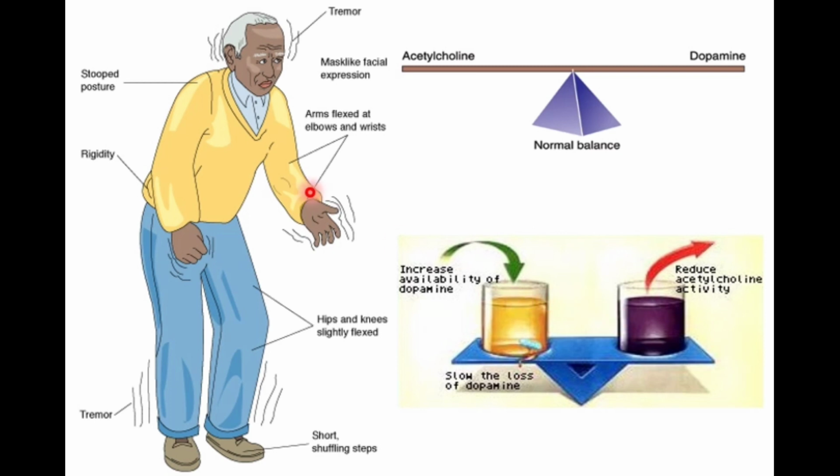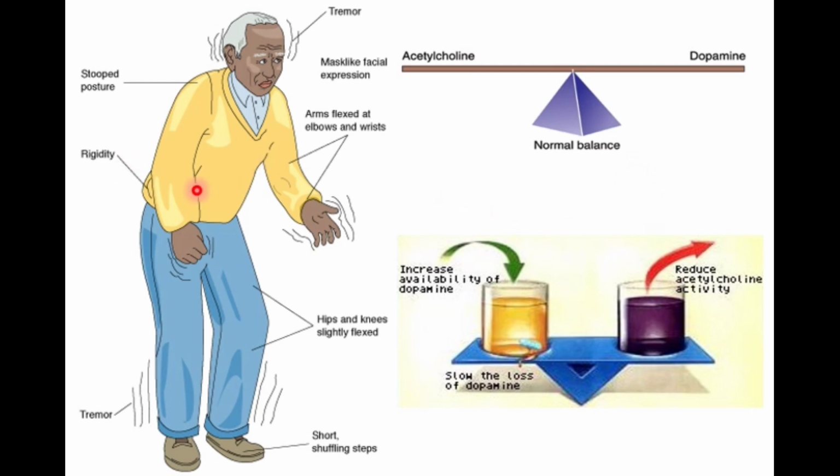As you know, in the striatum, which is part of the brain center for control of movement, there is a functional balance between acetylcholine and dopamine.